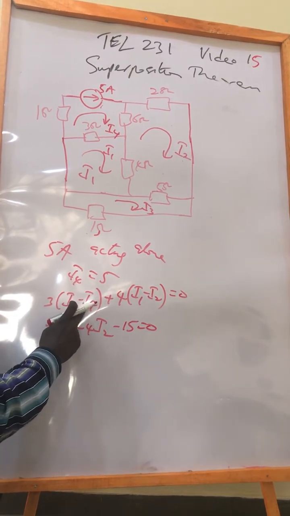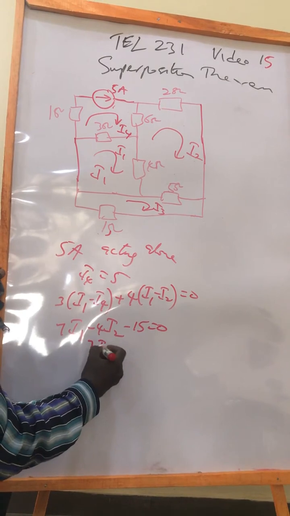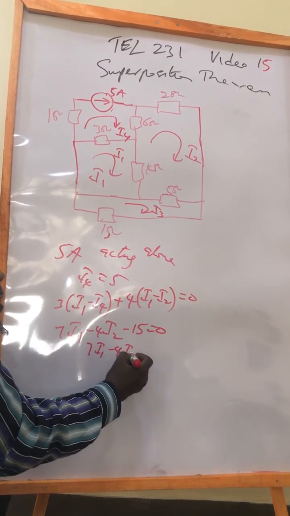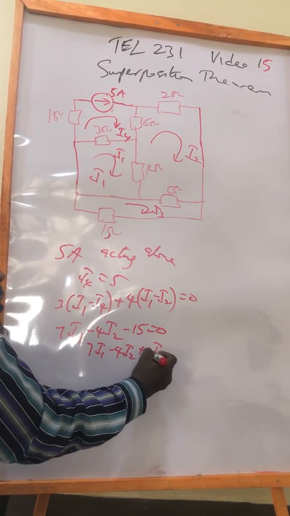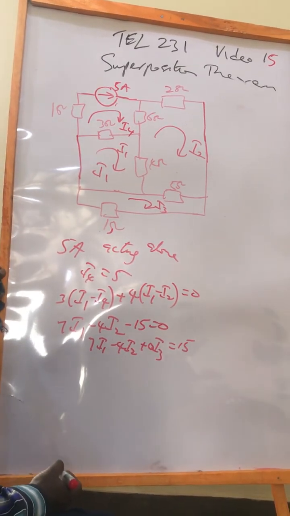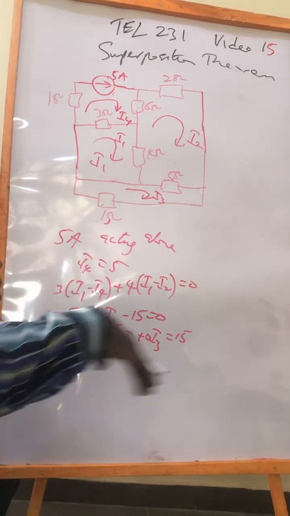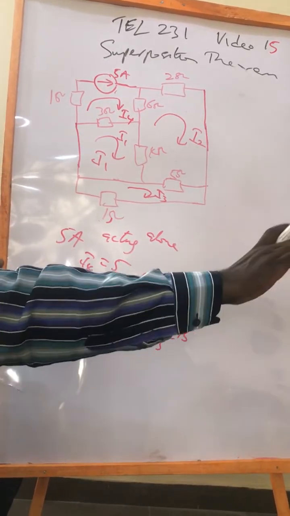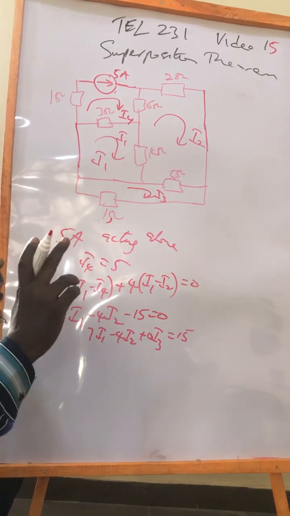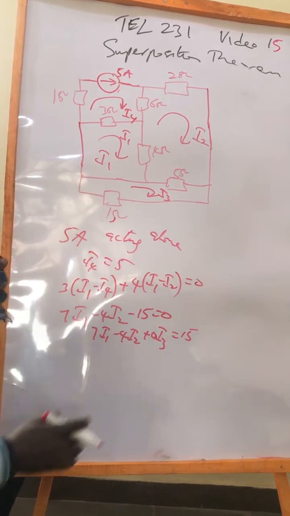I can rewrite it as 7 I1 minus 4 I2 plus 0 I3 equals 15. That's the second equation. I will be eliminating I4. You remember, when we have more than 3 unknowns, we eliminate some, remaining with 3. Here we have 4 unknowns, we eliminate 1 and retain 3.